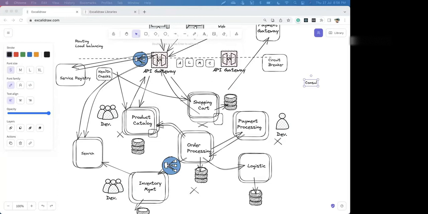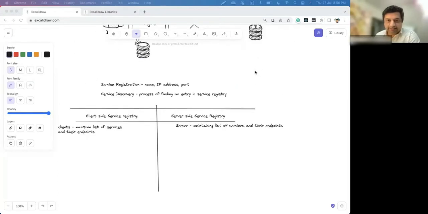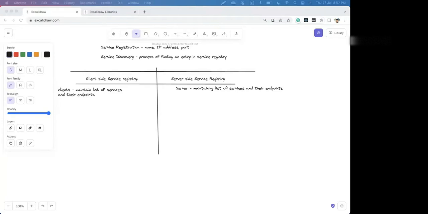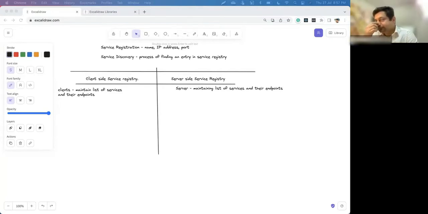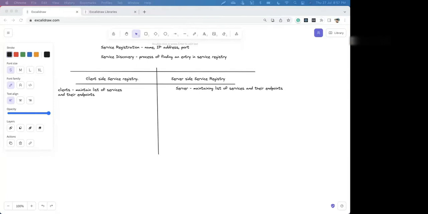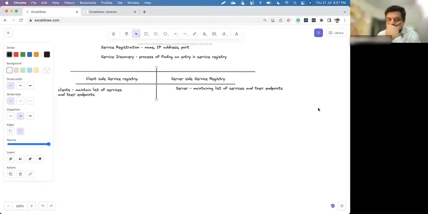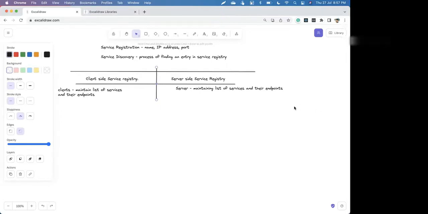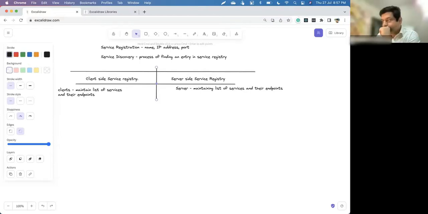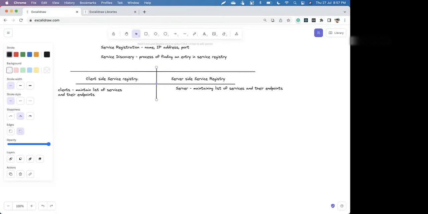If I want to use it in my application, then with the help of service discovery, I have to register that service, and then I can use any service. And in the service registry, what are the things we should have? IP address, port. That's right.